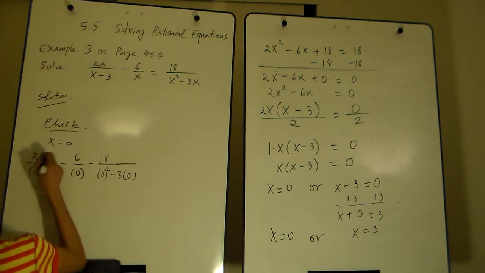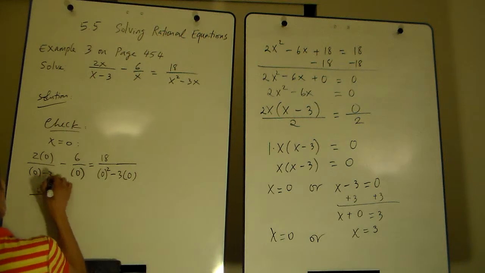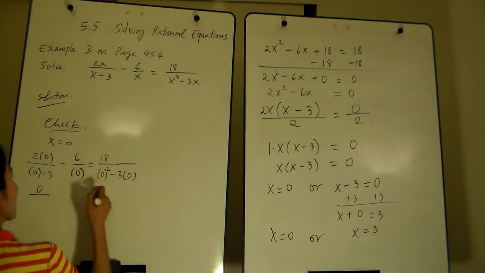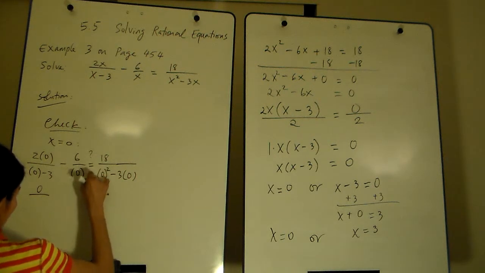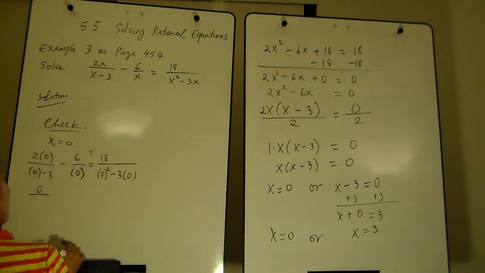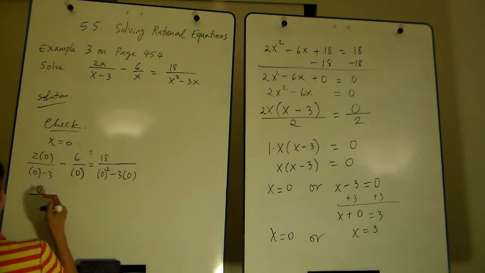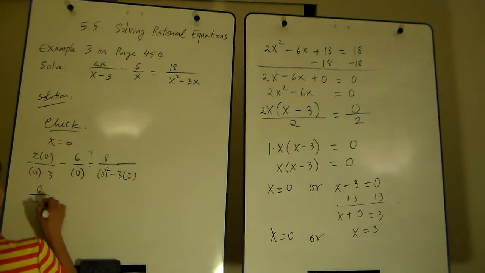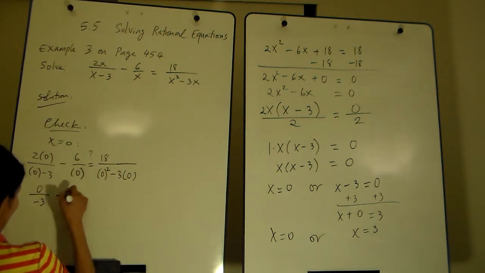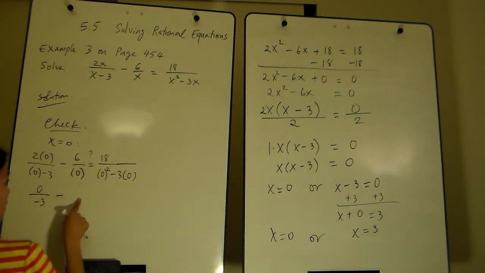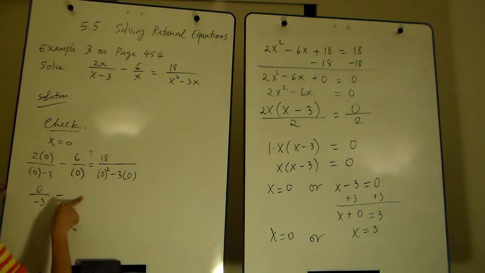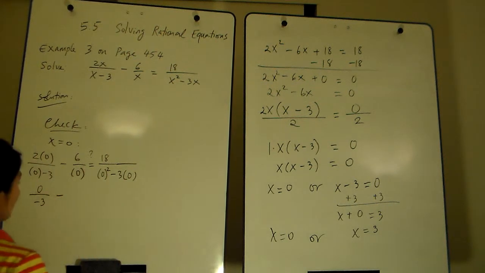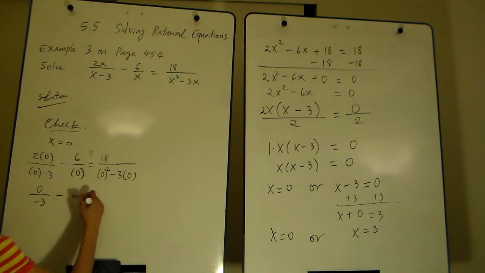Simplify. Because you substitute in, you don't know the truth, so make sure you put the question mark here. 2 times 0 is 0. 0 minus 3 is negative 3. Minus 6 divided by 0 is undefined. Any rational expression cannot be divided by 0, because it is undefined if you divide by 0.